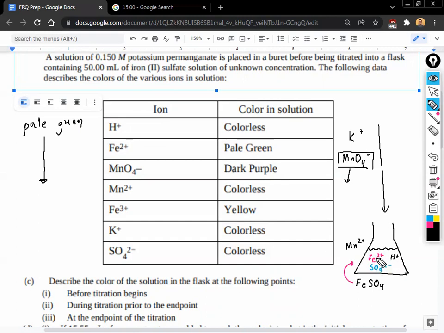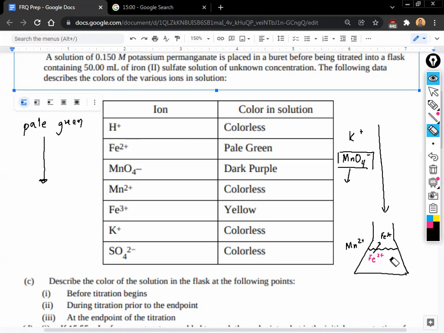And then what does Fe2 plus turn into? What's on the product side? Yeah, Fe3 plus. So we're going to start losing Fe2 plus and gaining Fe3 plus, and we're going to start losing MnO4 minus and getting Mn2 plus. In the net ionic reaction, SO4 2 minus doesn't really matter, and it's colorless anyway, so we can forget about that. And H plus is also colorless.